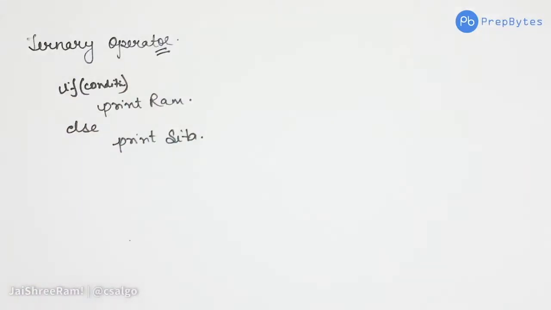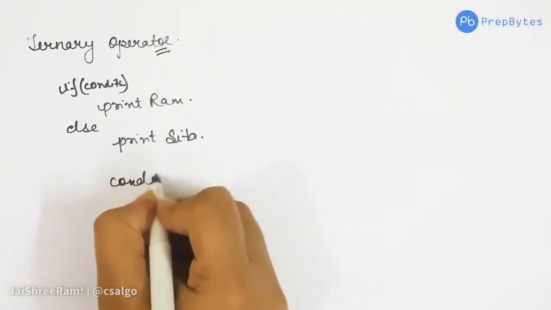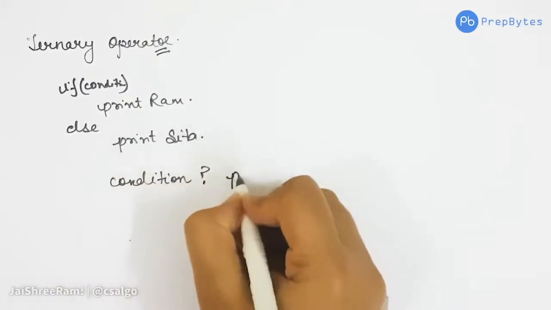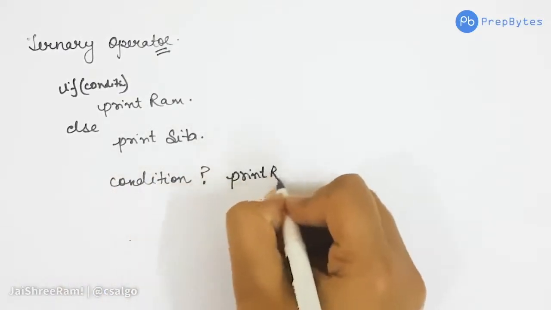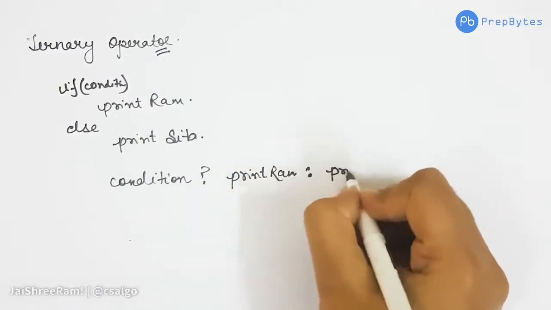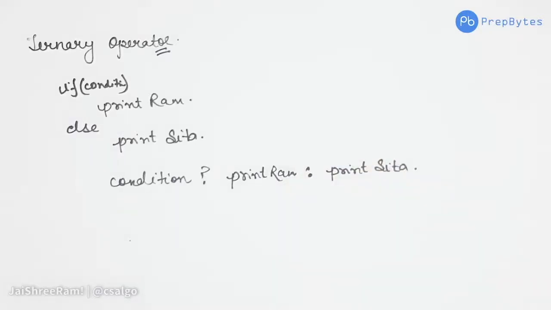So what we do is we write this as: condition, question mark, print Ram, colon, print Sita. So what is this?